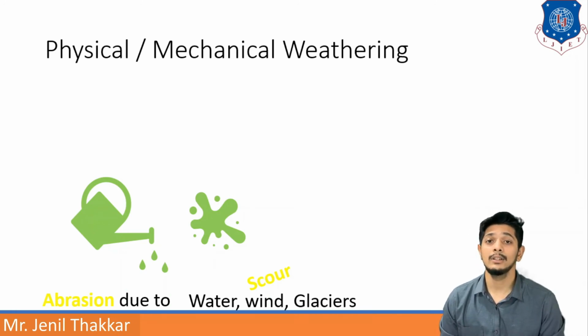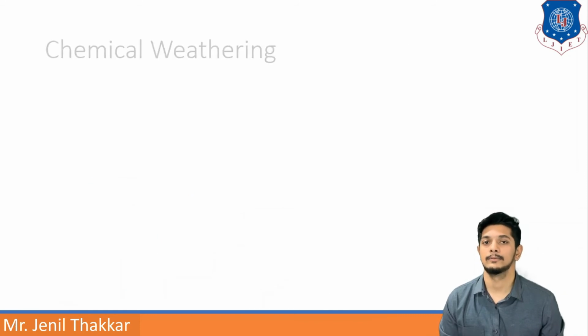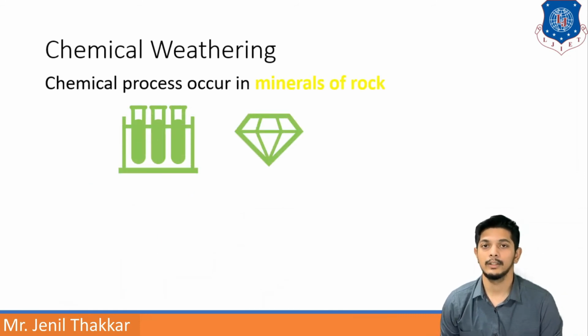Now we have seen all the aspects of physical or mechanical weathering. Let us move further to chemical weathering. In chemical weathering, the chemical processes happen in mineral structure of the rock.